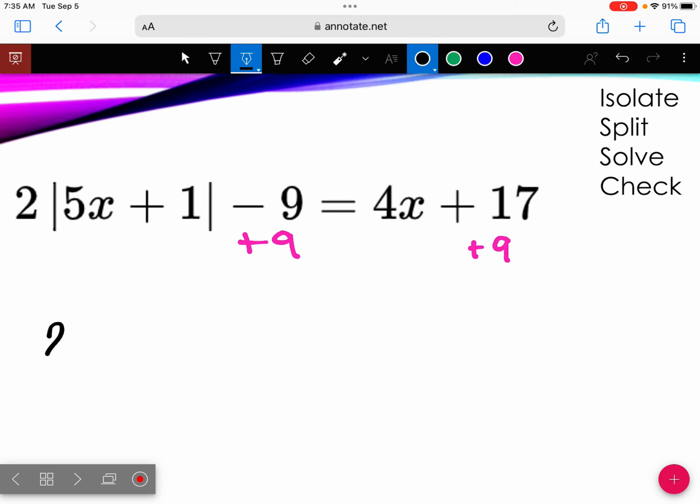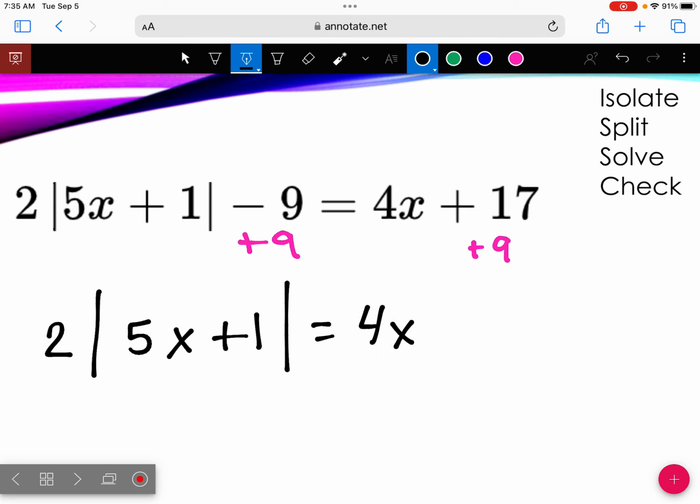And we get 2 times the absolute value of 5x plus 1 equals 4x plus 26.